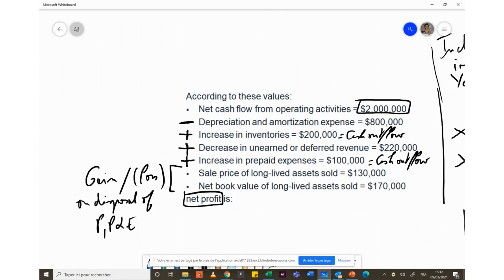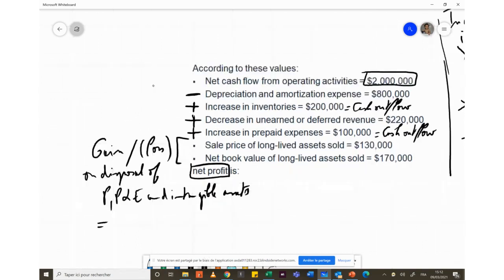We don't know if we are talking about intangible assets or property, plant, equipment. Here the calculation is 130,000, the sale price, minus 170, the net book value. So we finish with minus 40,000 in dollars. So it's a loss.